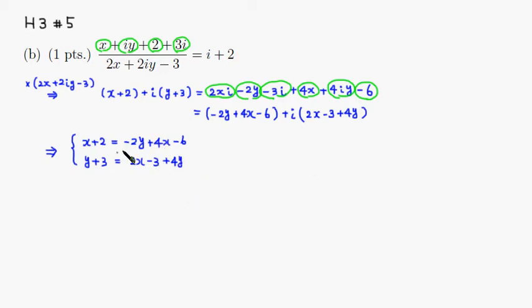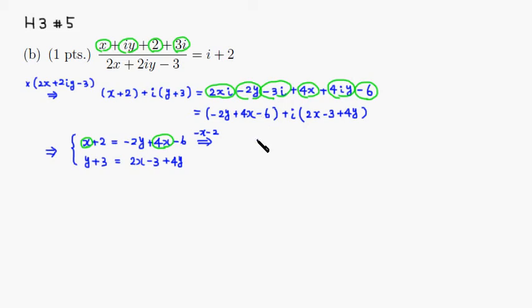So let's clean up a little bit. I'm going to put all the terms on the right, so I'm going to subtract x and subtract 2. We have 4x, and subtracting x gives us 3x.